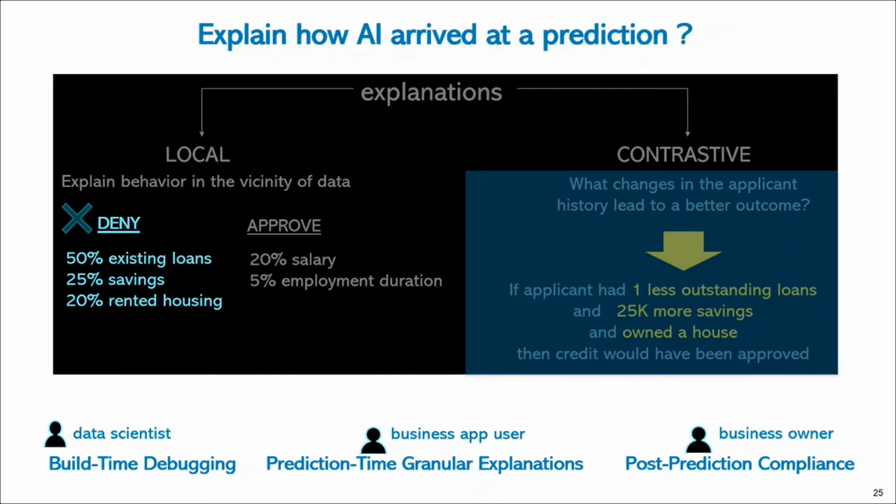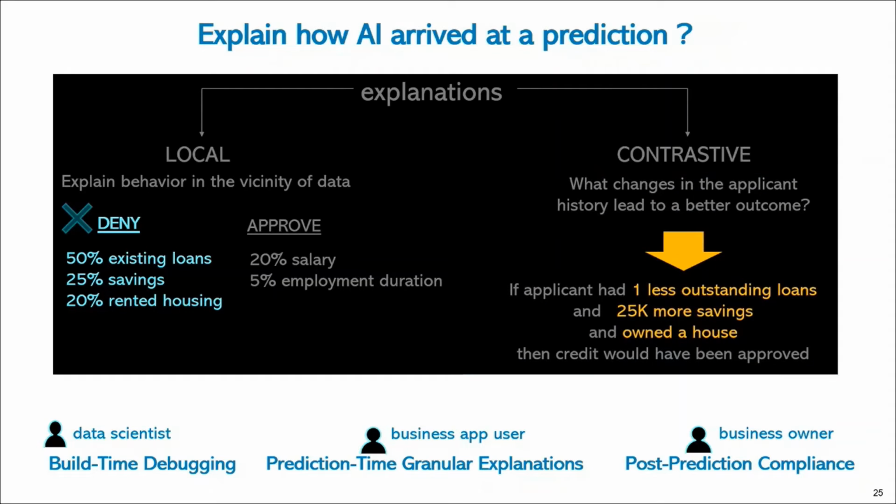Compared to that, contrastive explanation will tell us that had the applicant had one less outstanding loan, or 25K of more savings, or had lived in an owned house instead of a rental accommodation, then the loan probably would have been approved.